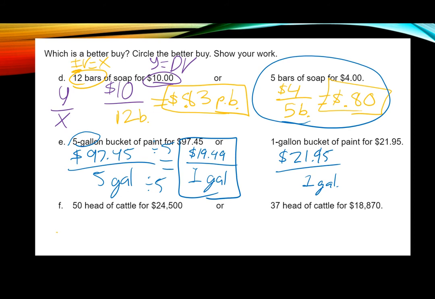Next we have 50 head of cattle. Oof, that doesn't sound good. For $24,500. So we're going to divide both by 50 to get 1 on the bottom. Our unit rate for 1 head of cattle just doesn't sound good. A head of cattle.